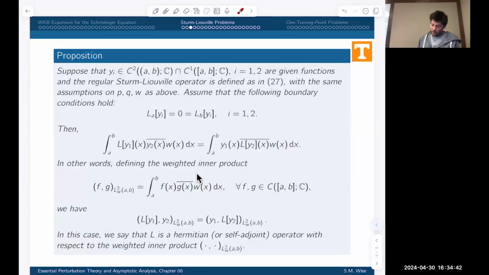Suppose that y1 and y2 are given functions, and the Sturm-Liouville operator is defined as on the previous slide, with the same assumptions on P, Q, and W. Let's assume that the following boundary conditions hold. We're using the standard homogeneous Robin boundary conditions that I gave.